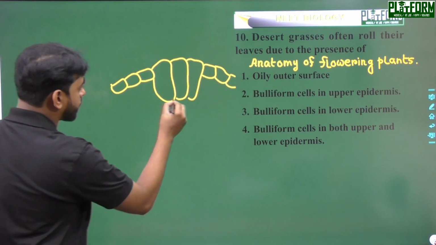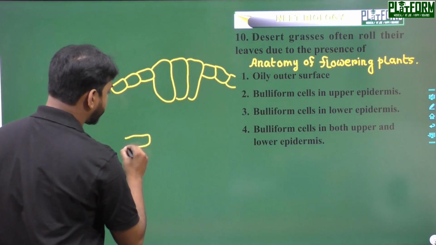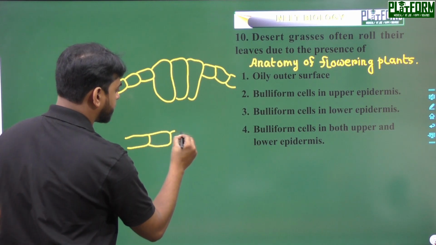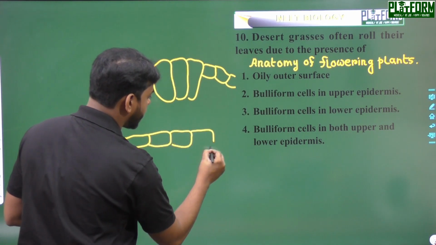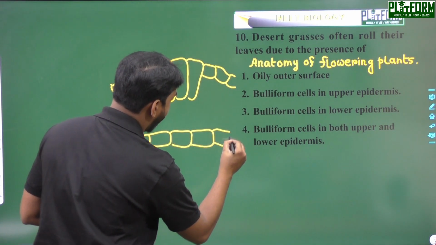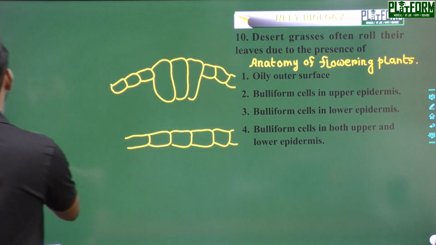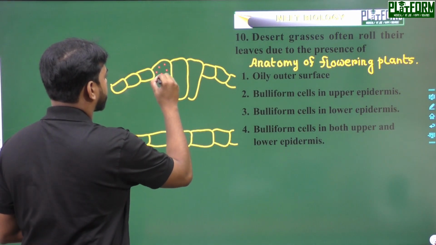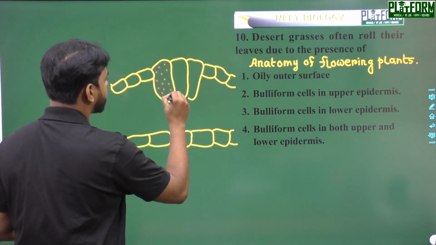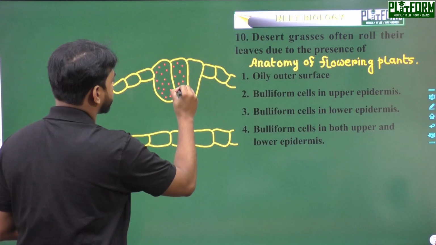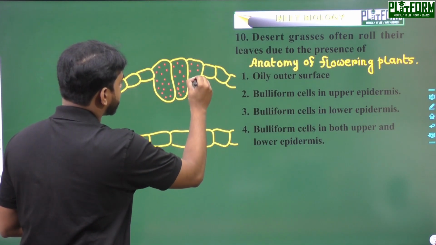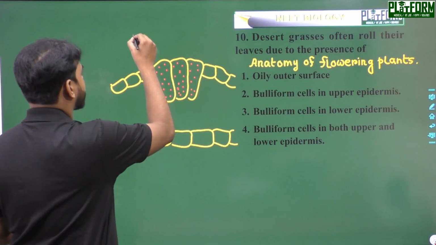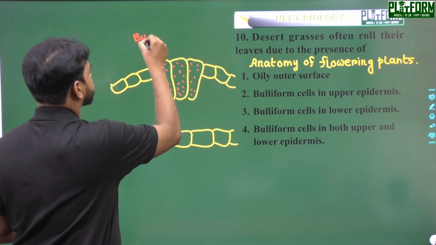This particular cell is absent in the lower epidermis. It is only observed in the upper epidermis. These empty large-sized cells present towards the upper epidermis are known as bulliform cells.